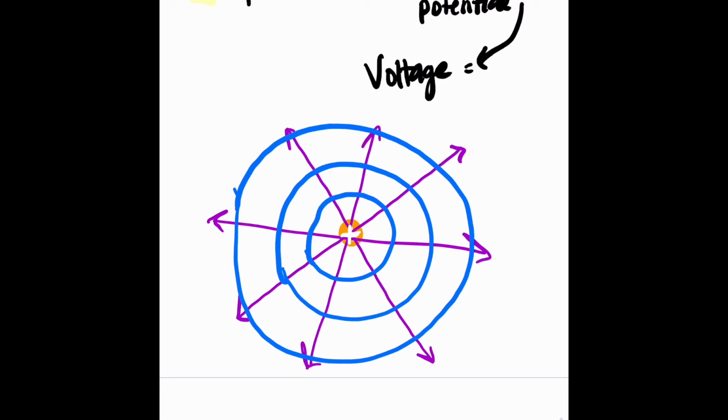So those circles, the blue lines, are what actually are the equipotential lines. So they represent how the voltage stays the same.